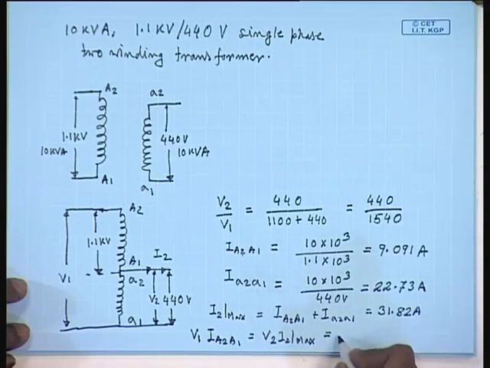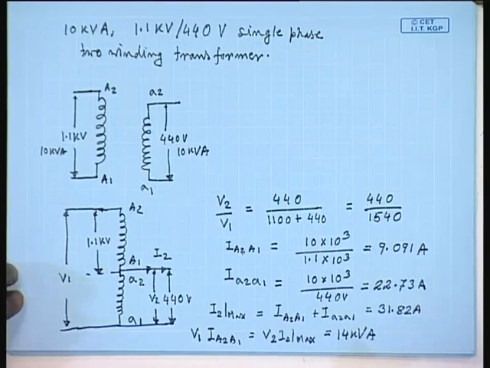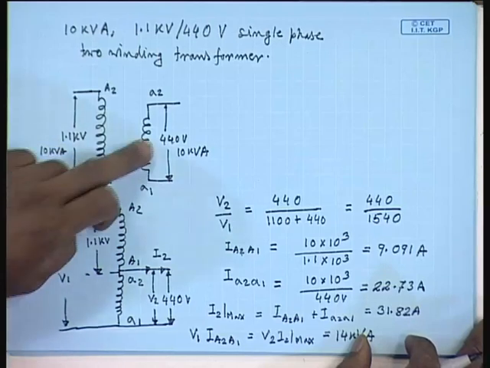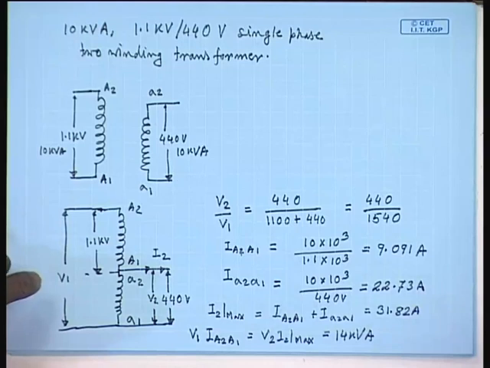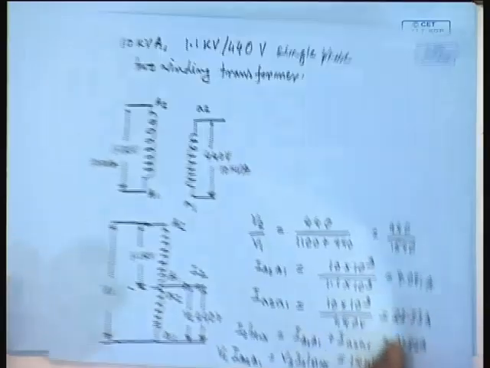This comes to about 14 kVA. Hence, when I connect a two winding transformer, the two windings in series, I get an auto transformer whose kVA rating increases to 14 kVA.